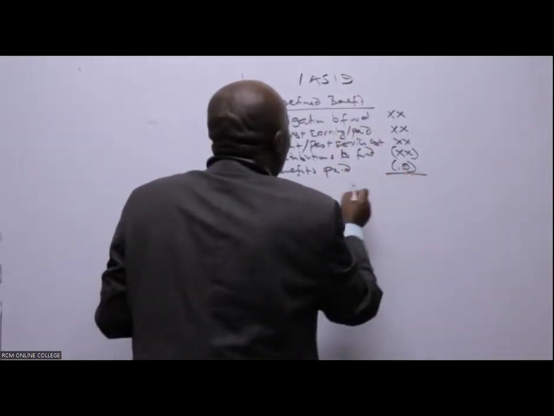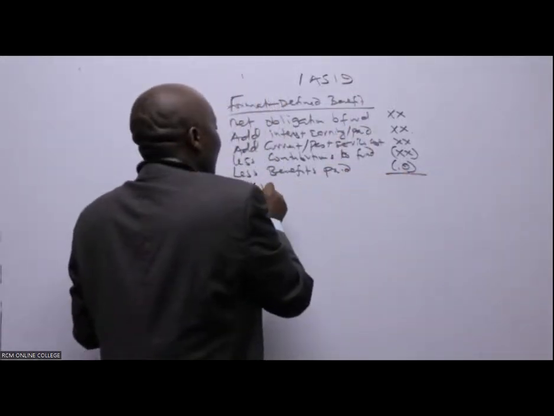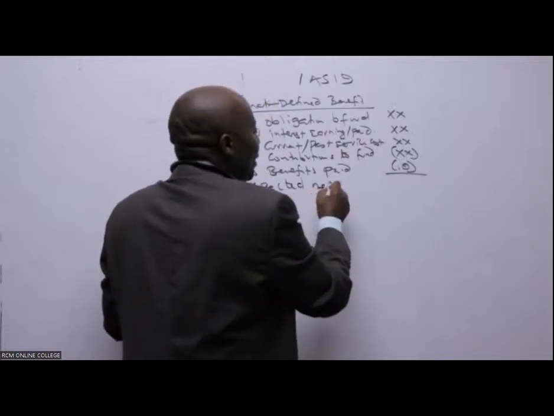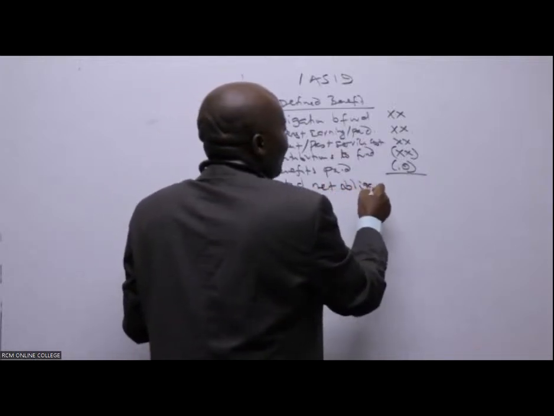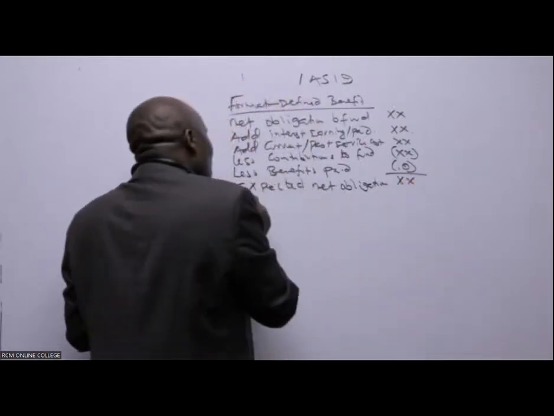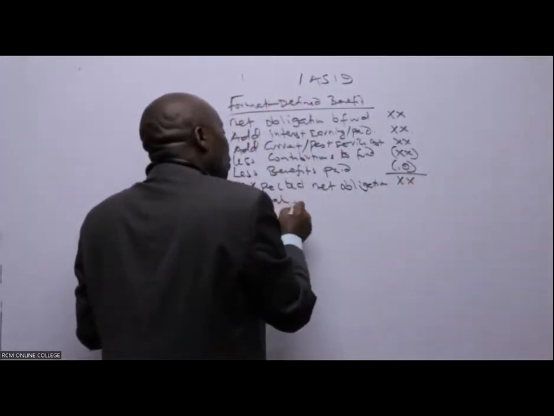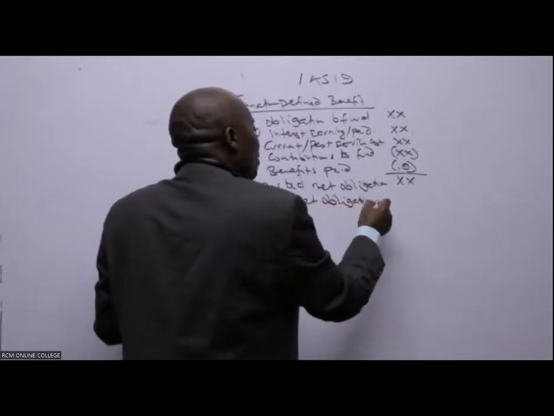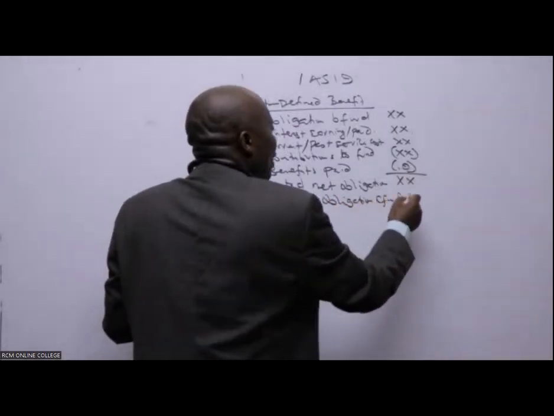Then come and get your expected net obligation. This expected net obligation is what you will be able to compare with the actual net obligation carried forward at the end of the year.